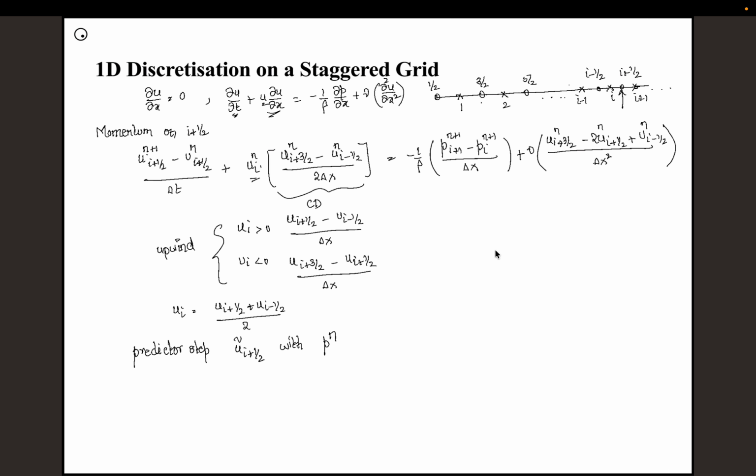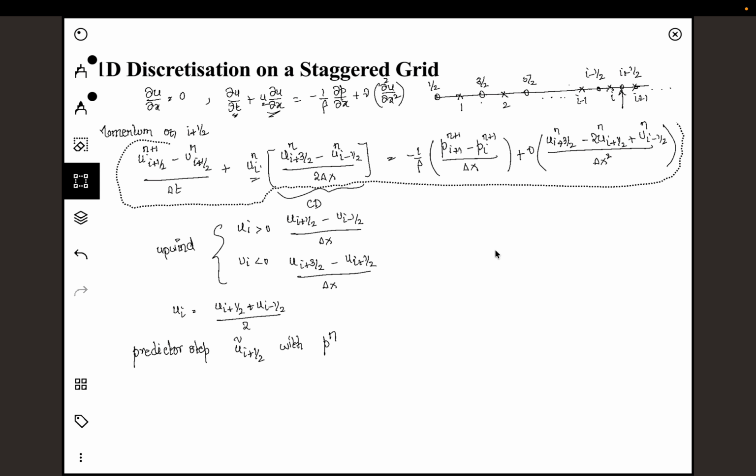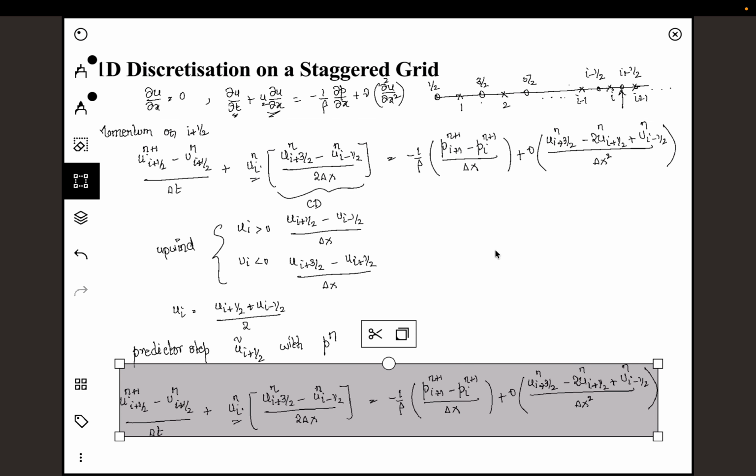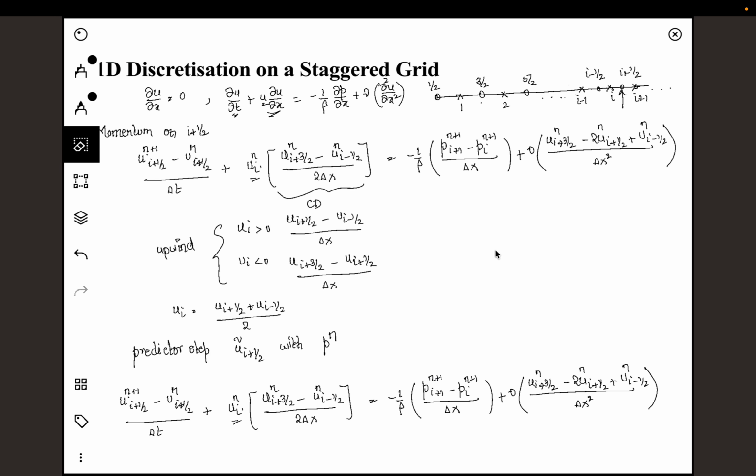So instead of solving this equation directly, what we will do now is, everything else remains the same except for this quantity here. So we'll use the previous time step, and accordingly this will also change. So this will be my u tilde.